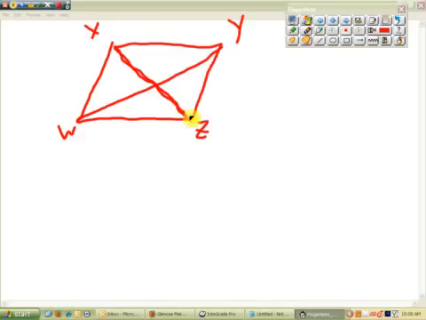They say that XA, where A is the middle point, is 3m, and ZA is 5m minus 4. Sorry about the small picture. But those are equal to each other because it is a parallelogram. So you set them equal to each other and you solve for m.